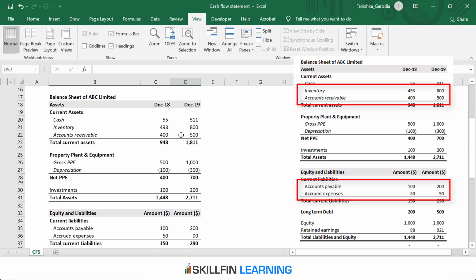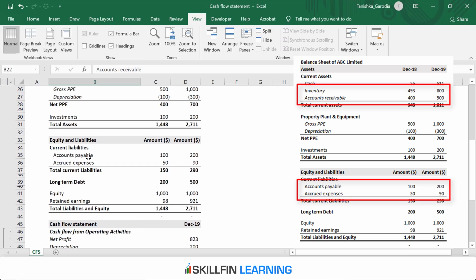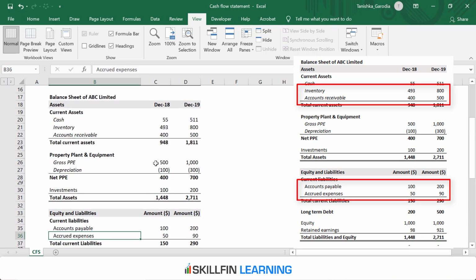In this balance sheet, we have inventory and accounts receivable, which will form part of the working capital. And on the liability side, we have the accounts payable and accrued expenses. As discussed earlier, any increase in working capital is a cash outflow for the business.